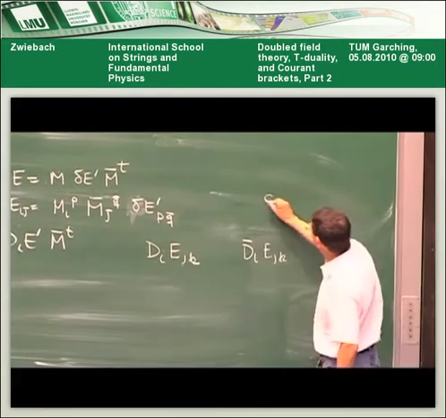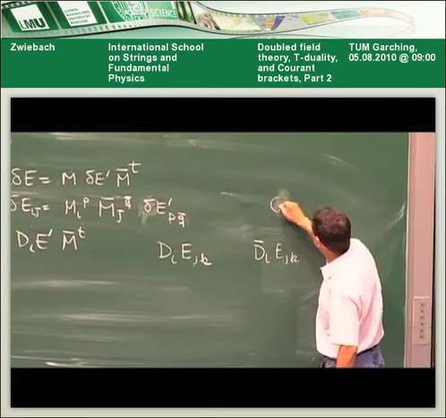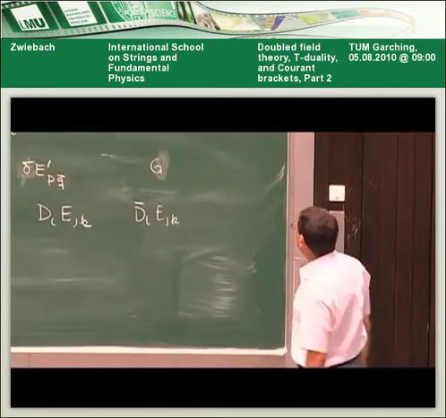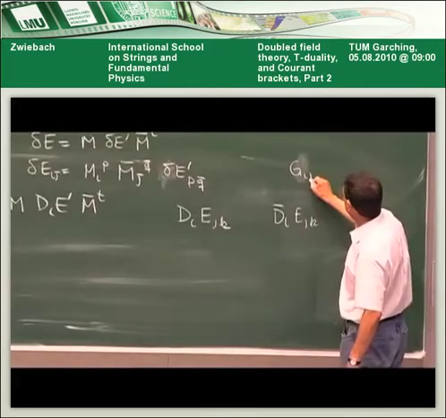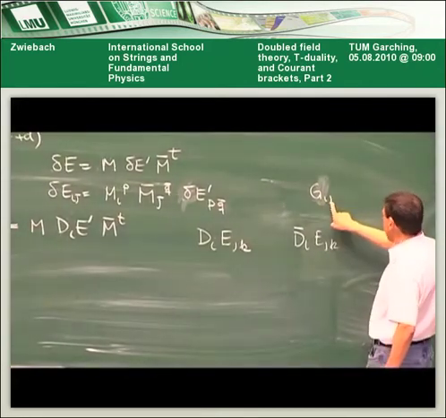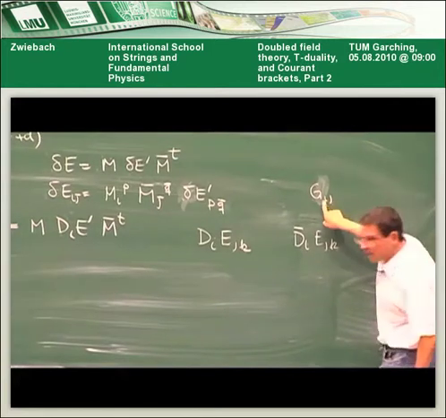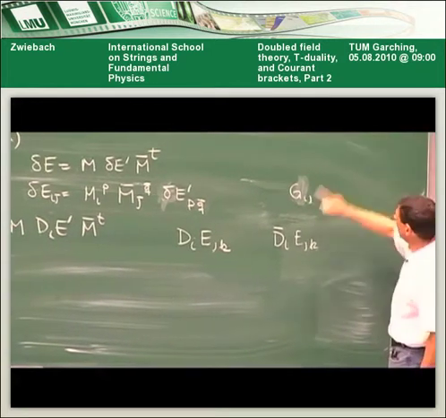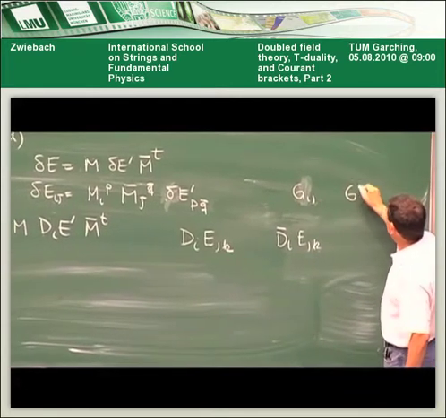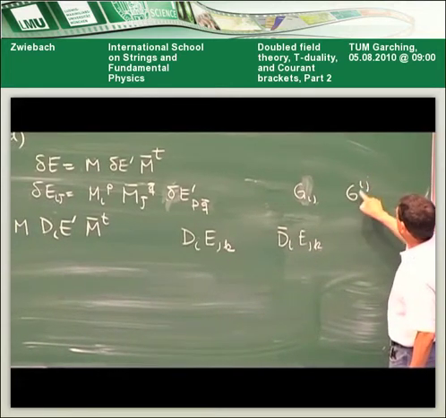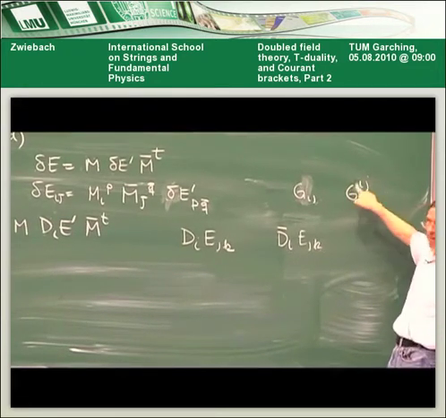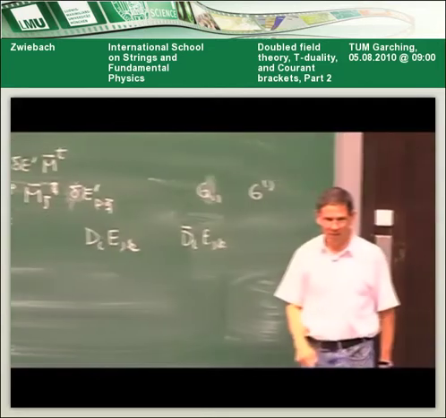If you have a g, it's somewhere there, top blackboard, it transforms with an m and an m here, or an m bar and an m bar, because it's doubled. If you had a g inverse, it would transform with an m inverse, or an m bar inverse and an m bar inverse.